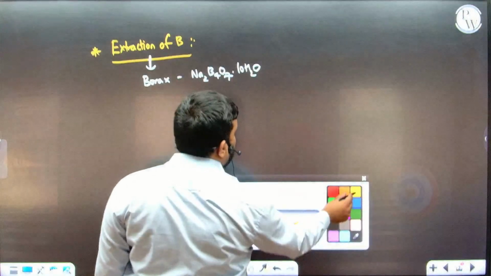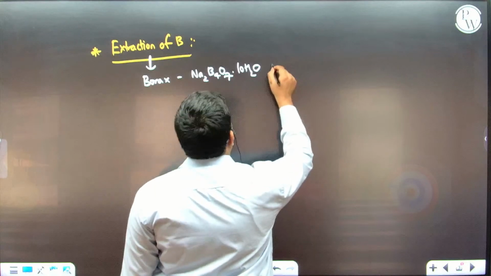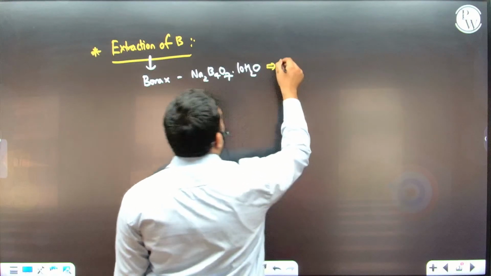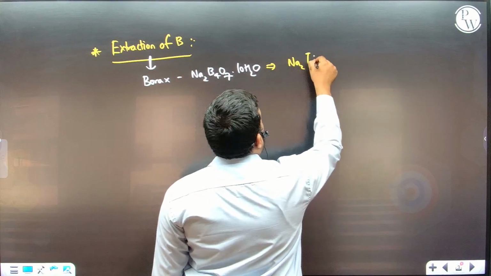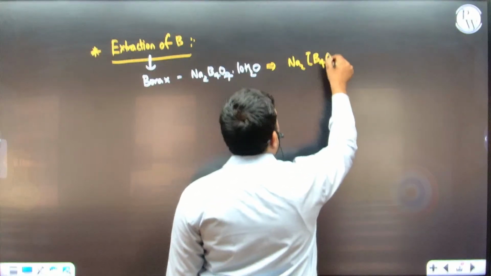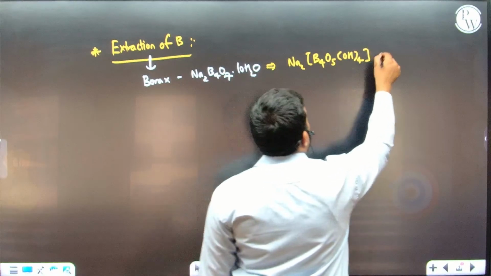But if they are asking us the number of water molecules of crystallization, then you must know the actual formula, and that will be Na2[B4O5(OH)4].8H2O.